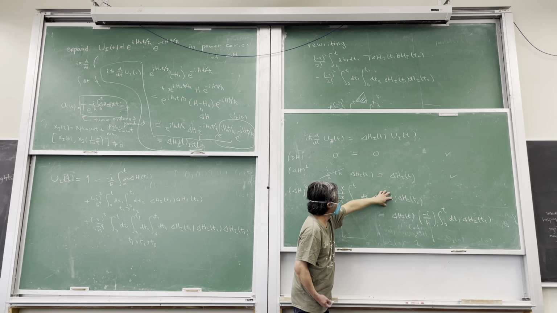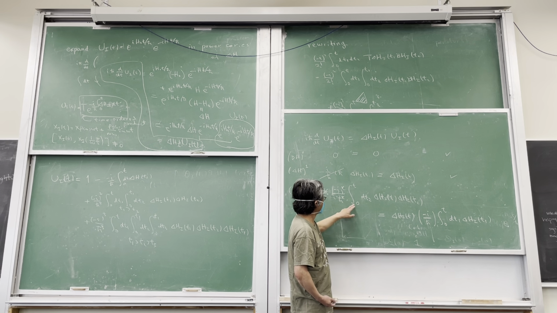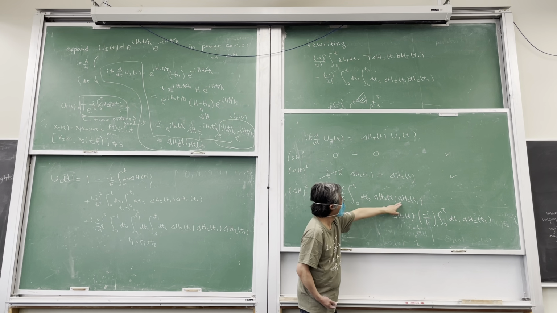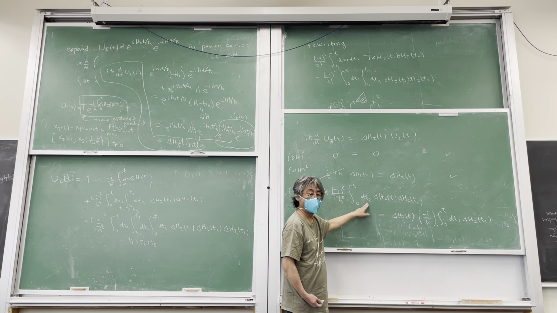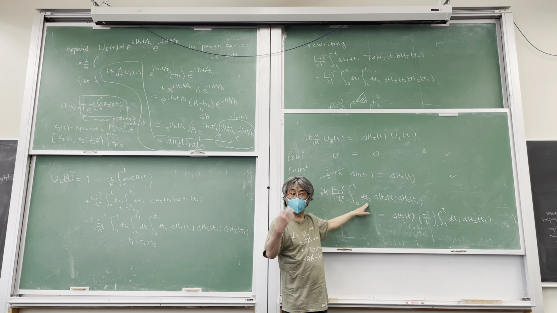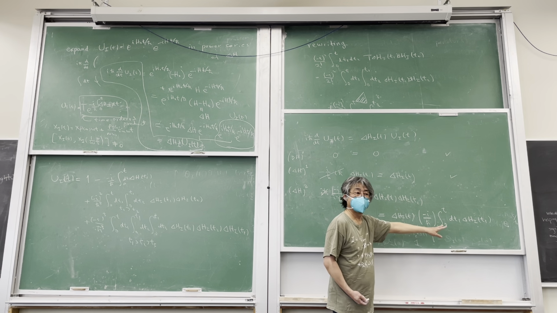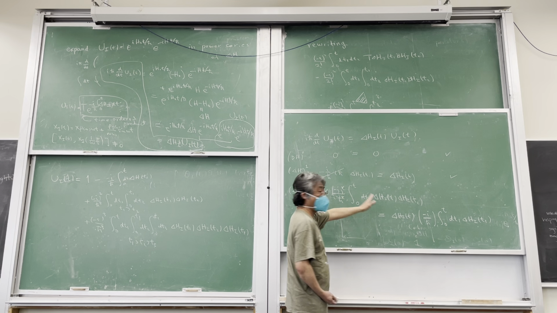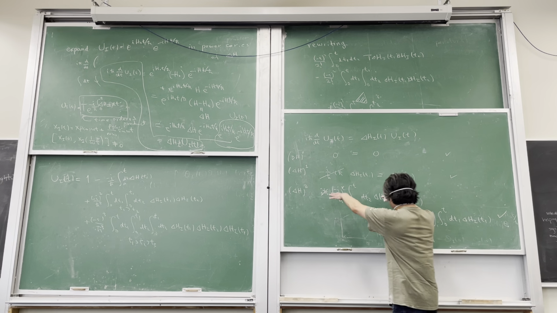So that is delta H_I of t. The remaining piece is an integral from 0 to t of delta H_I. In this case, integration variable is t2, but that's again a dummy variable. I can change that to t1. That's exactly this. So you see they match up. Check. Then you can keep doing it.